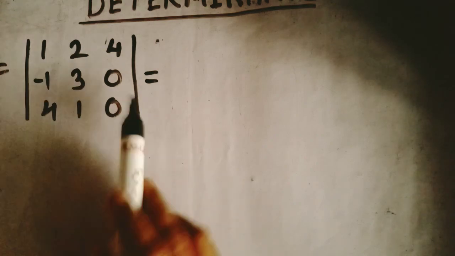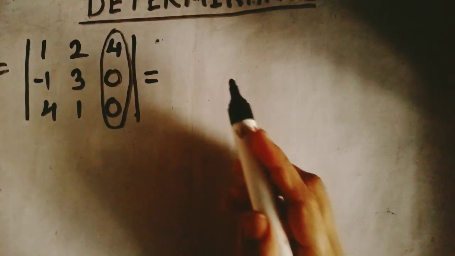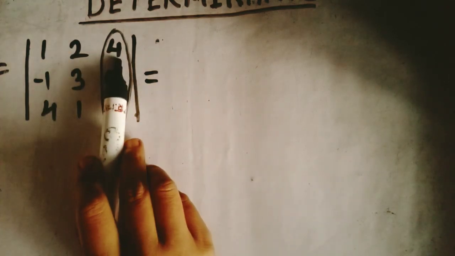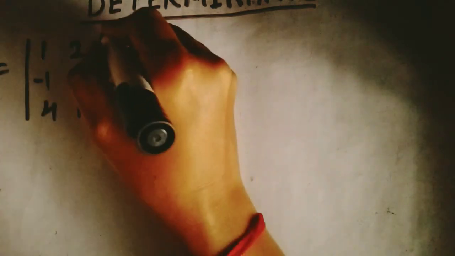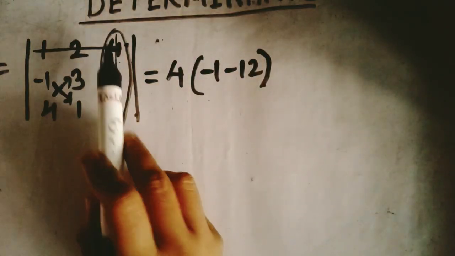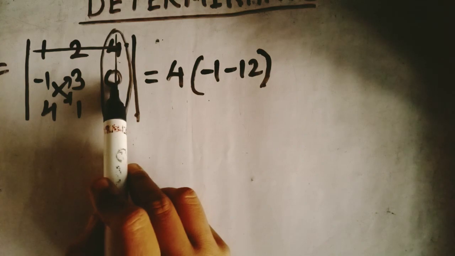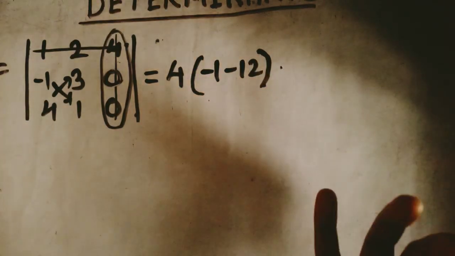Okay, so I am choosing now this column. Okay, so starting with 4, it has a positive sign, right? So striking out this column, this row, so you will get minus 1, minus 12. Okay, now I am moving on to next term. So this entry is 0, so the term will be 0.